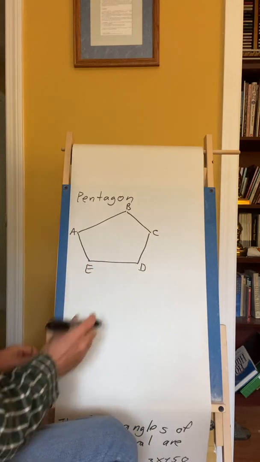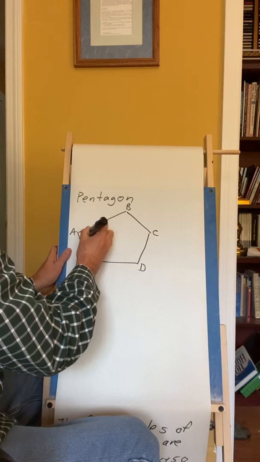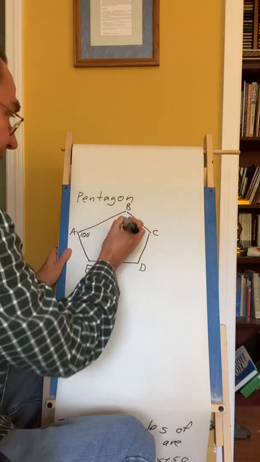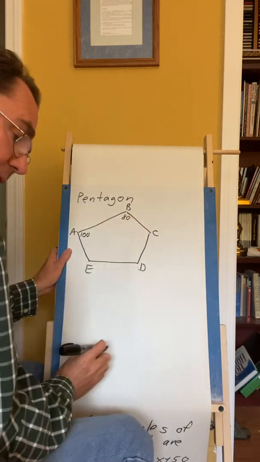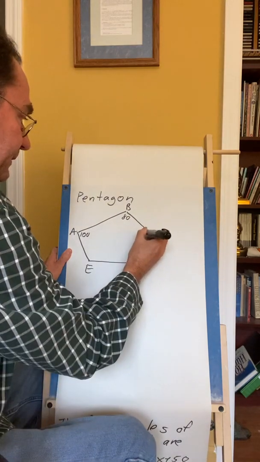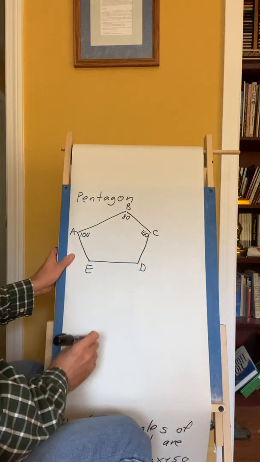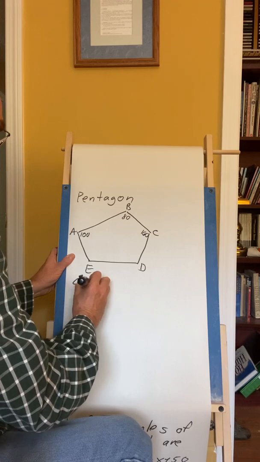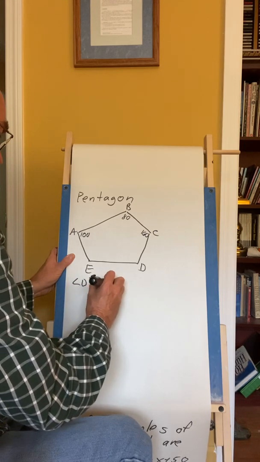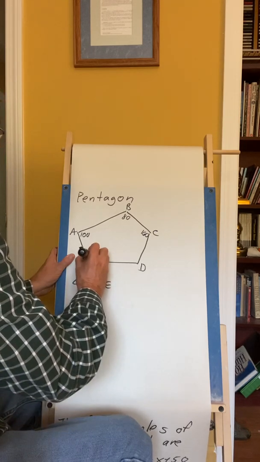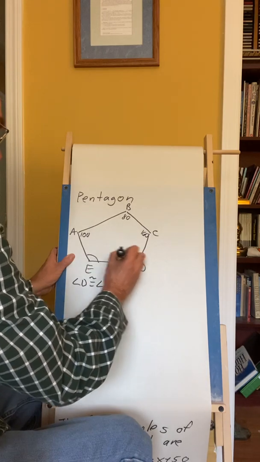Okay? Let's say A is 100, B is 80, C is 160, and let's say angle D is congruent to angle E. So these two angles here are equal.